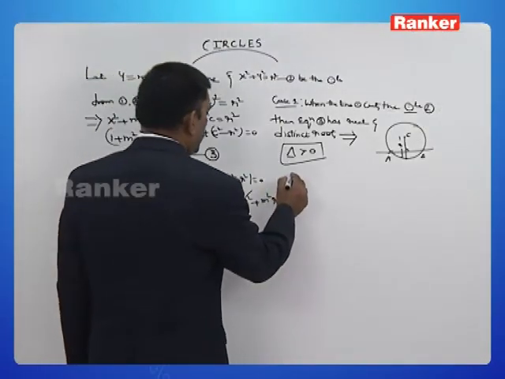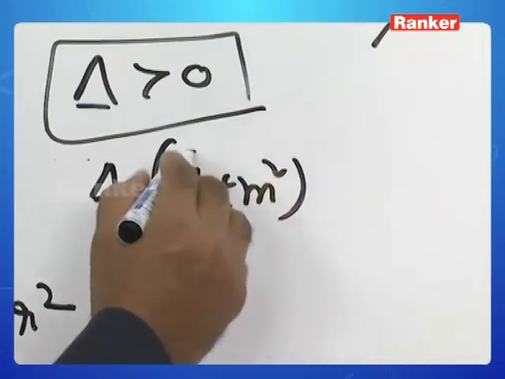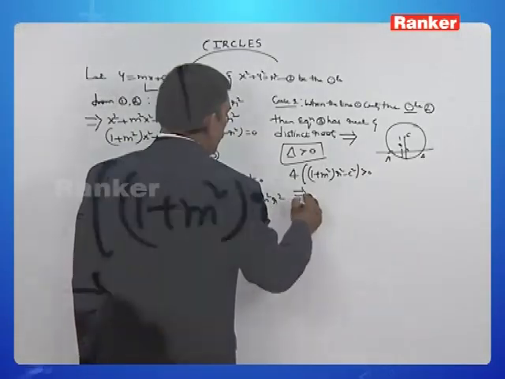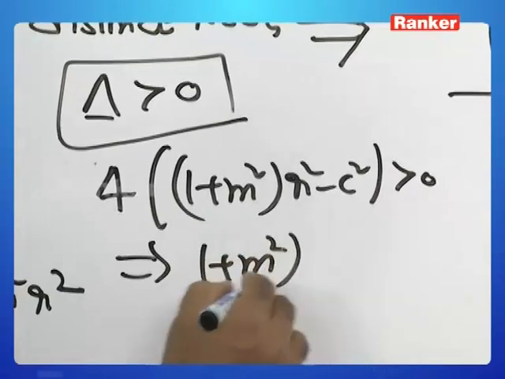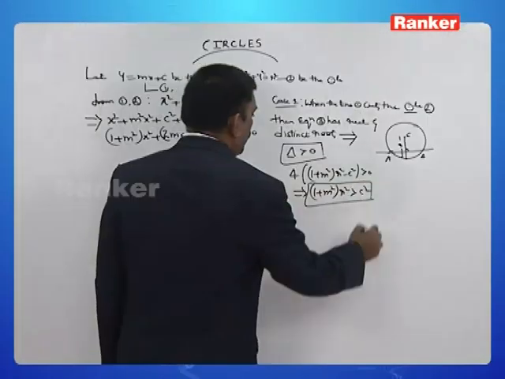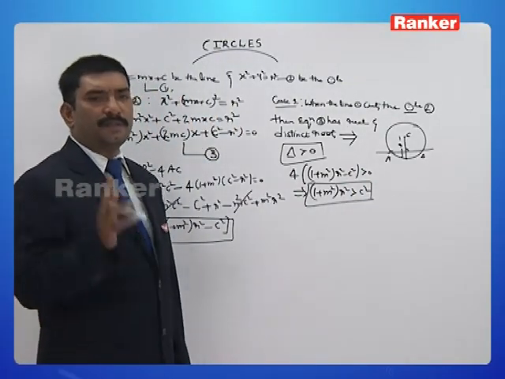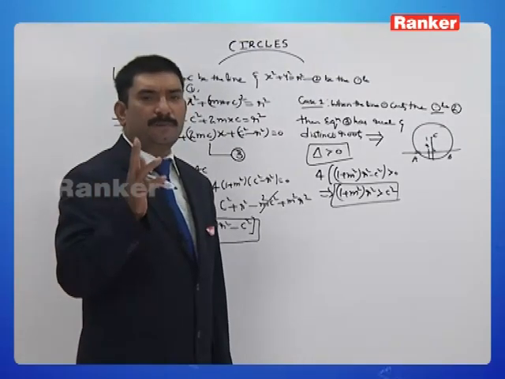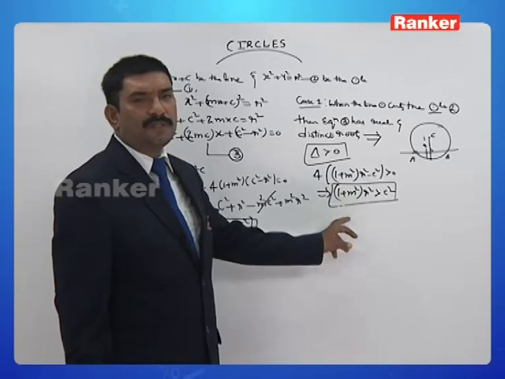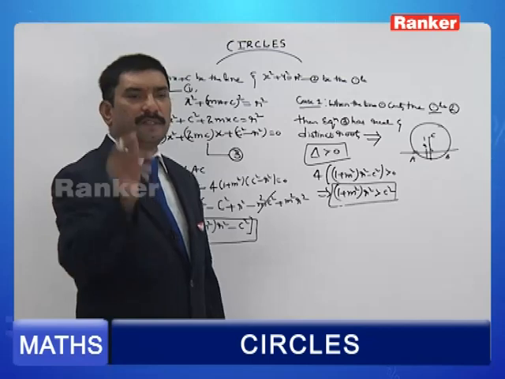Delta greater than 0 means 4 into (1 plus m square) into (r square minus c square) is greater than 0, which implies (1 plus m square) r square is greater than c square. Therefore, whenever the line cuts a circle in 2 points, we have the condition (1 plus m square) r square is greater than c square.